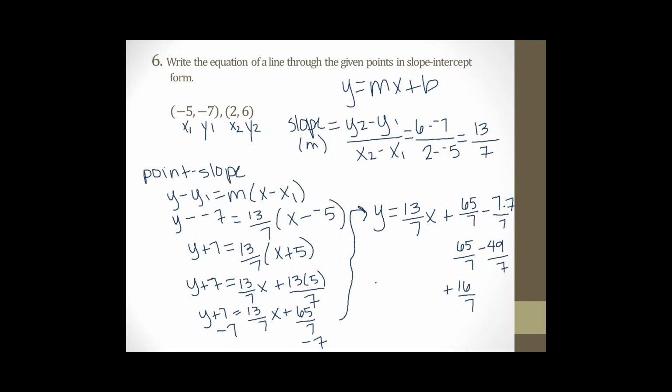Let me bring down the rest of my equation. Y equals 13 over 7 x plus 16 over 7. So this is our final equation in slope-intercept form. You can see here the slope was still 13 over 7, and the y-intercept, which is your b, is 16 over 7.